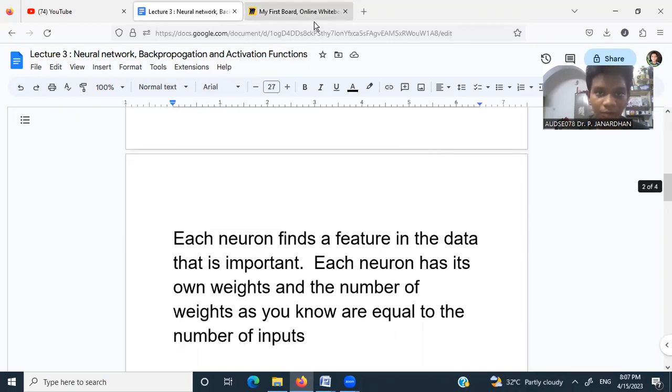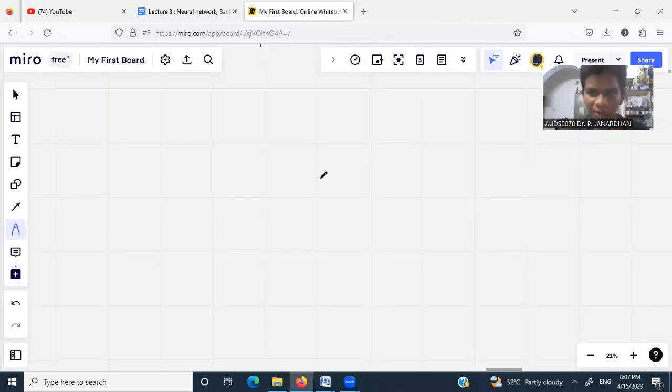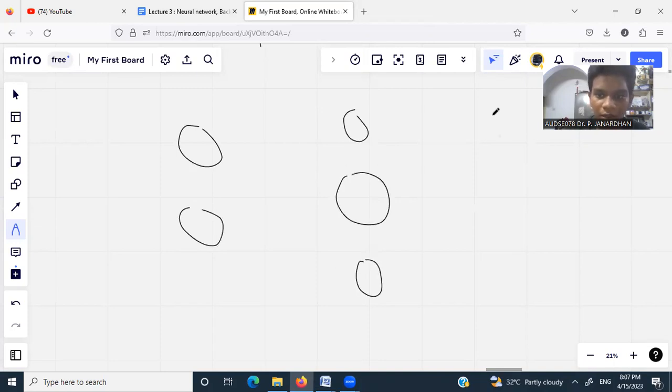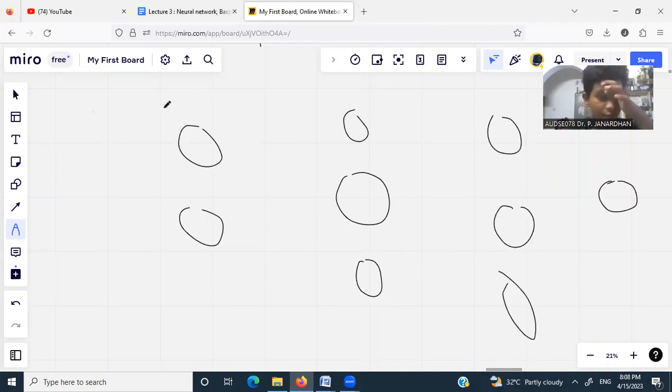Therefore, we can develop a complex structure of these neurons that are connected together. And then we have this input layer and this output layer. The input layer values are not called neurons, they are just input values, and we have as many input values as we like.